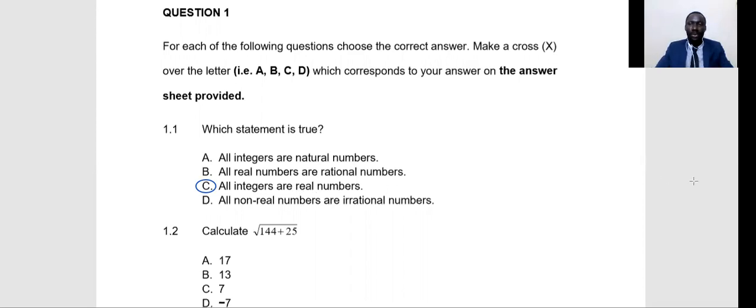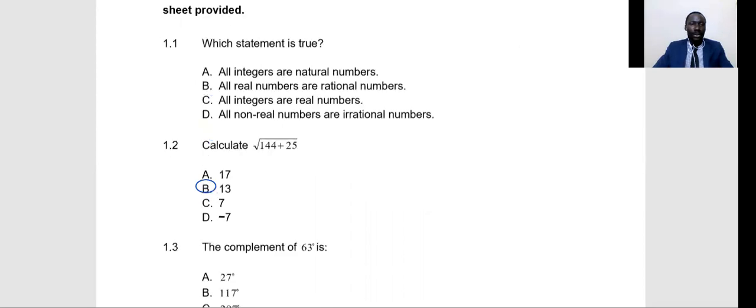The next thing we want to do is move to the second question. This one has not stayed there. Let's first erase this.